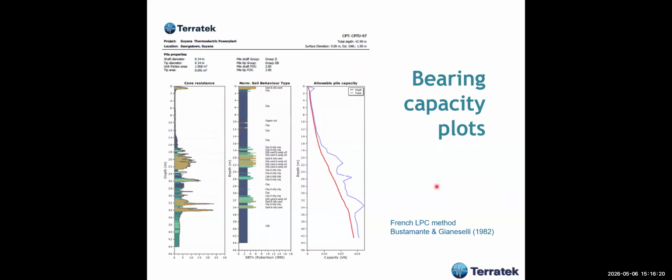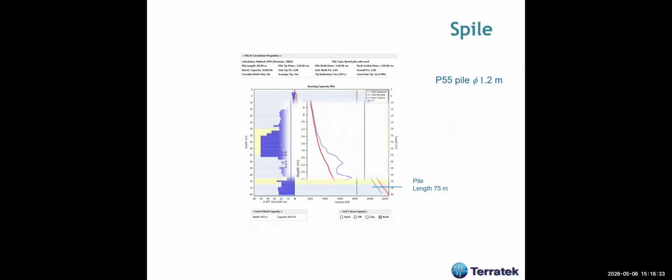This is by far the best method. However, in this case it could not be used because we have a limited depth of the CPT. Then we use the AASHTO method and we use SPT.